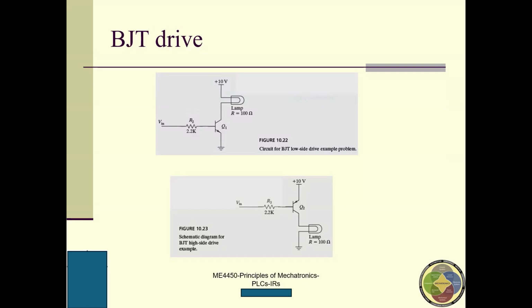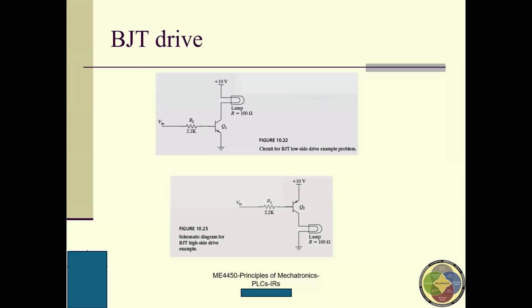Then there is no current. Current equals 0. No current, this guy is turned off. However, if I lower this VIN a little bit, then the voltage difference between these two terminals can exceed the threshold value, then I will have current.